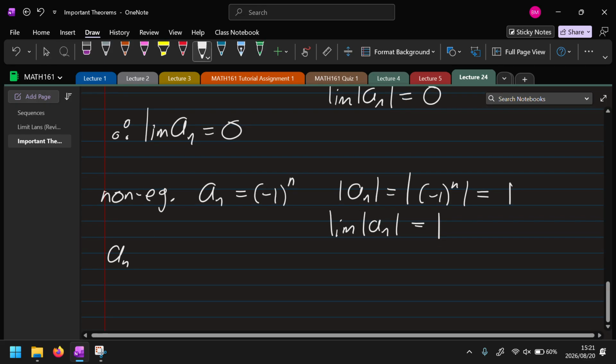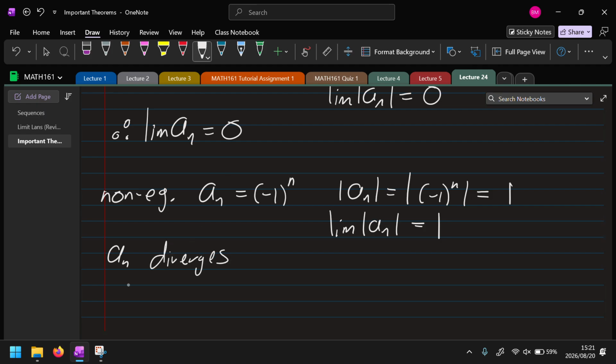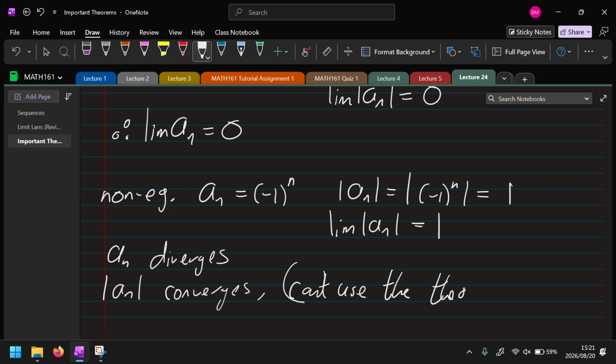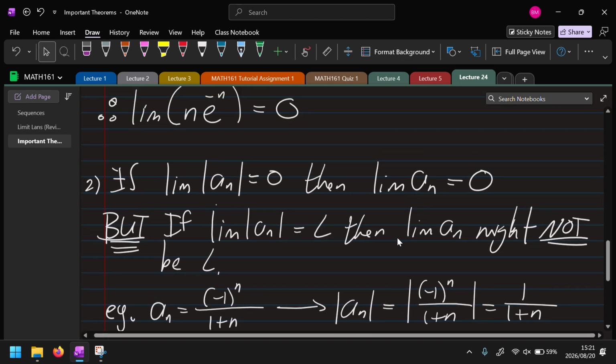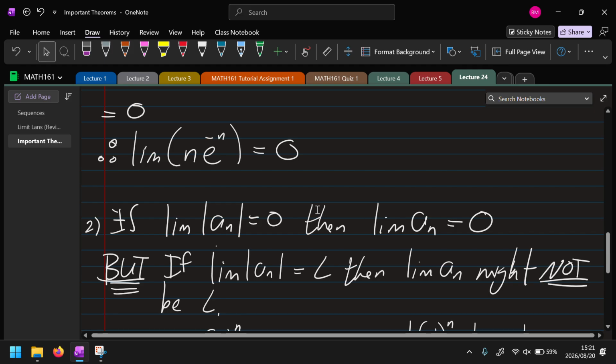So a sub n diverges, and the absolute value of a sub n converges. So we can't use the theorem. So this over here, it only works if the limit of the absolute value is 0.